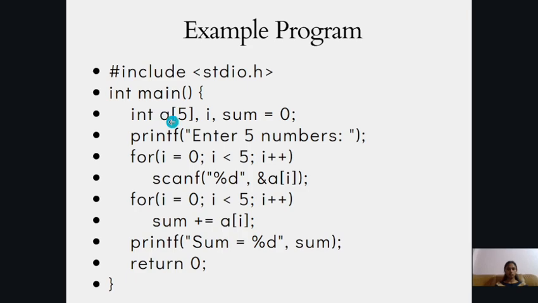So here this is the data type, this is the variable and this is the index. We use i for the loop and the increment of the index.